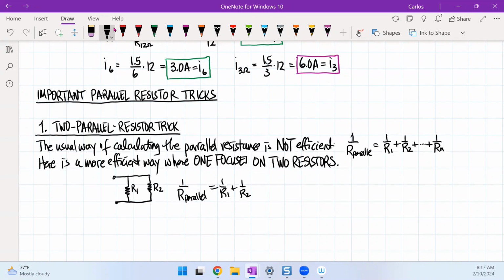But if we solve for R parallel, we could then read that R parallel reads like this. It's going to be R1 times R2 divided by R1 plus R2.